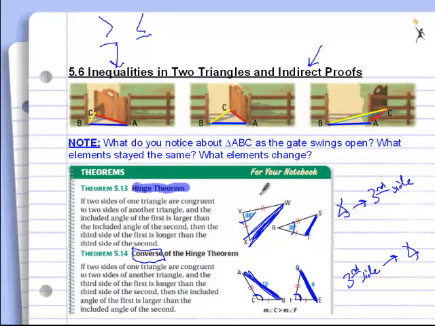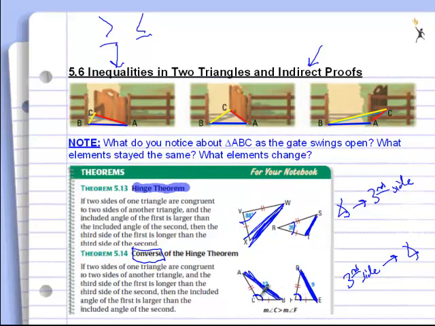So if you have two sides of one triangle congruent to two sides of the other, and the included angle is greater than the included angle of the second triangle, then the opposite side is bigger than the other opposite side. The other way we can say it is if two sides of one triangle are congruent to two sides of another triangle, and the third side of one is larger than the third side of another, then the included angle, or the angle opposite the larger side, is greater than the other angle.